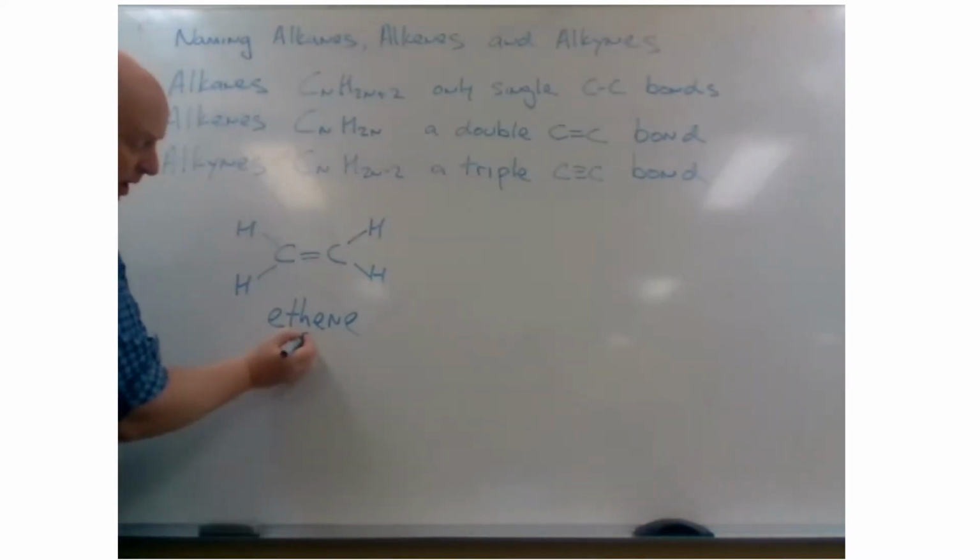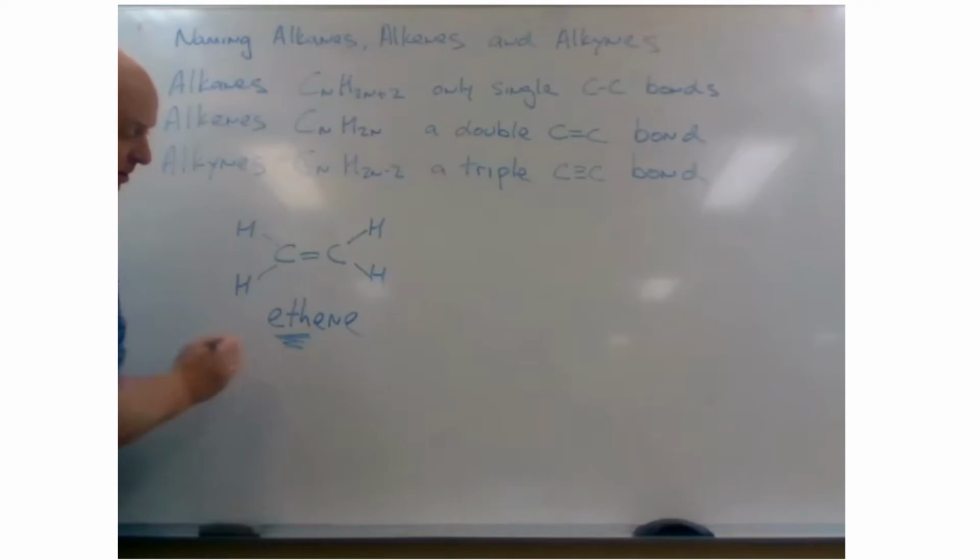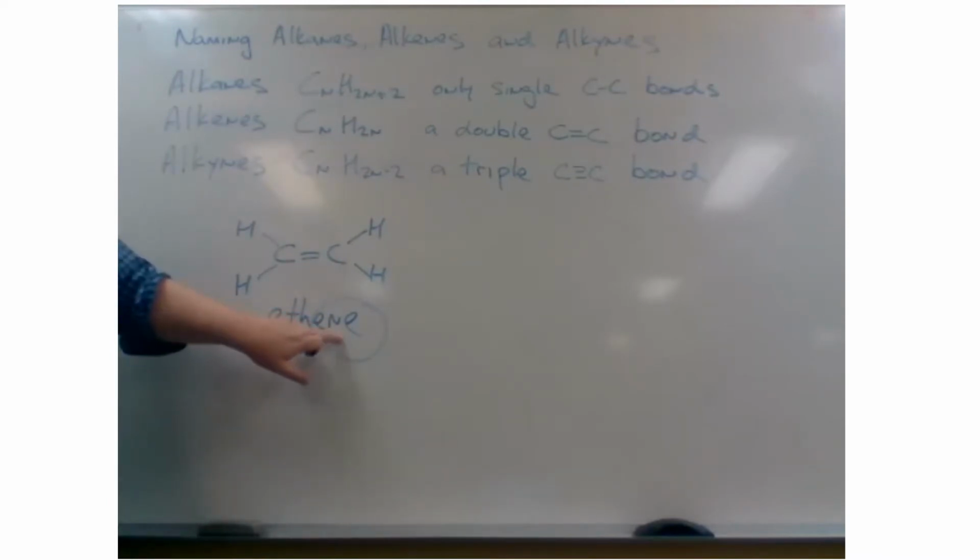Let's just examine the name for a moment. Ethene, we have the first part of the name, eth, and the second part of the name, ene. Now this second part comes from the root of the homologous series name, alkenes. The first part comes from that series of prefixes which I got you to remember, meth, eth, prop, but, etc. Eth being 2 carbons, so this is 2 carbon, double bond, ethene.